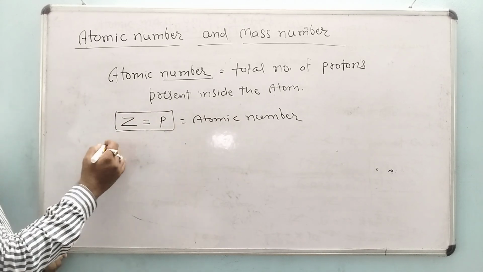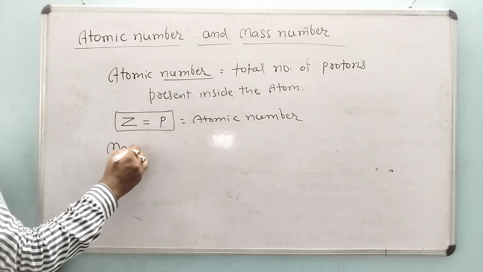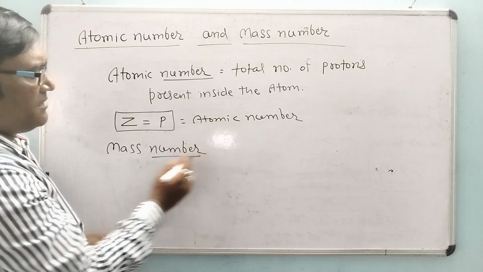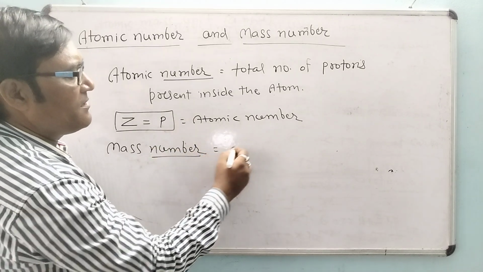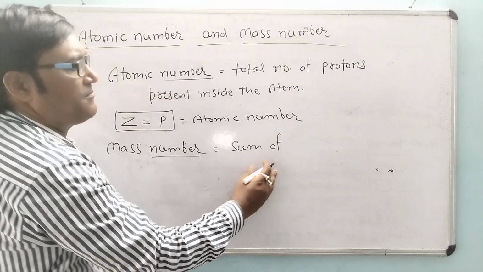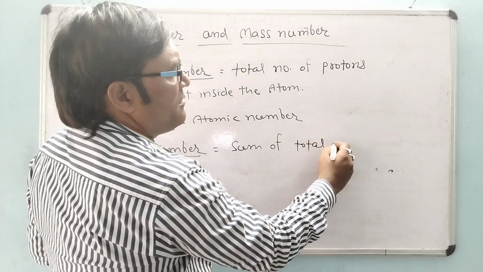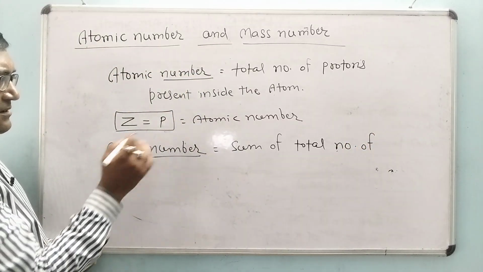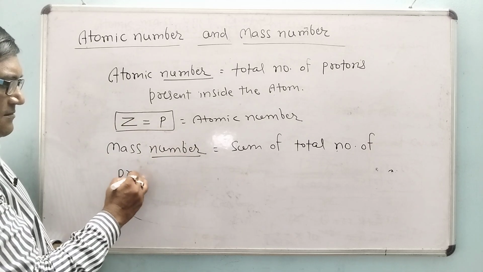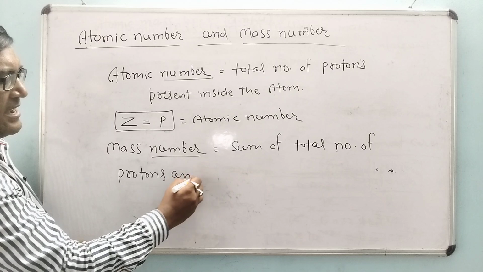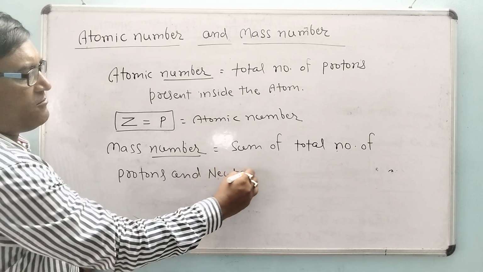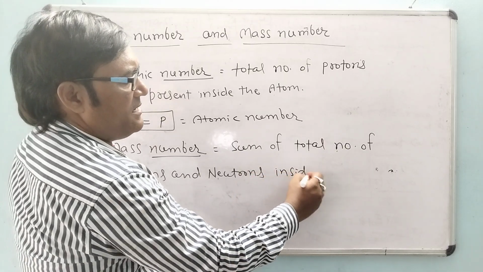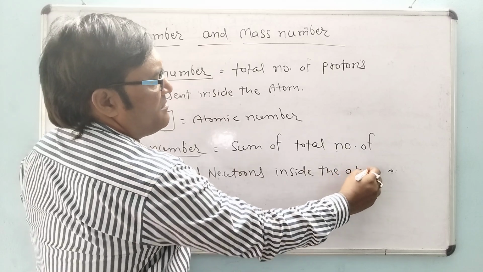Now the next topic is mass number, or atomic mass number. Mass number is the sum of the total number of mass particles. It means the total number of protons and neutrons inside the nucleus of the atom.